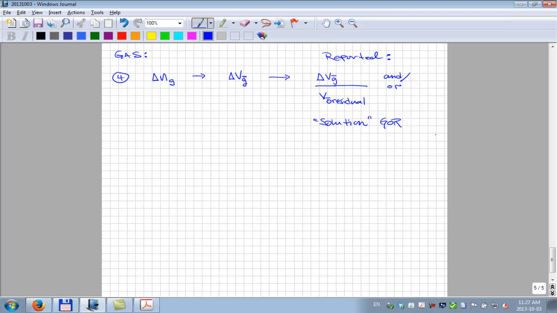This solution gas-oil ratio would be what we will call RS differential at a given pressure PJ, and that's going to be the sum, again starting at the end, of these things here, divided by the residual oil volume.